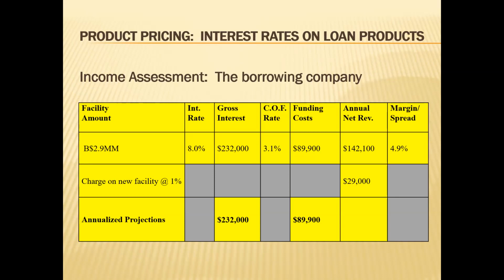Then of course your annual net revenue. So you're making interest on this account. So you have your net interest of 142,100. And then you also have a fee on this account of 1%, which is 29,000.